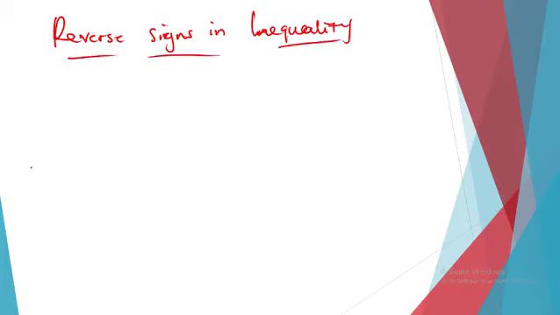Let us look at how to reverse signs in inequality. Some signs change in inequality when certain conditions are met, so let us look at these conditions. When the same number is added or subtracted from both sides of the inequality, the sign remains the same.